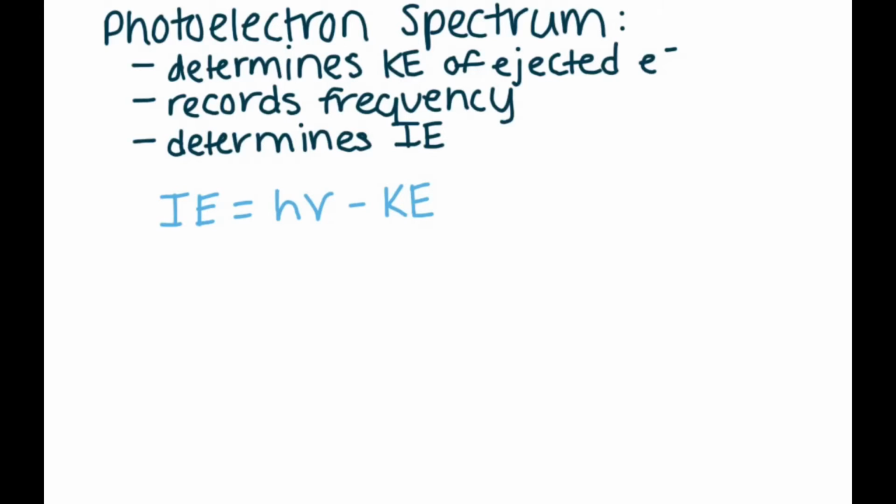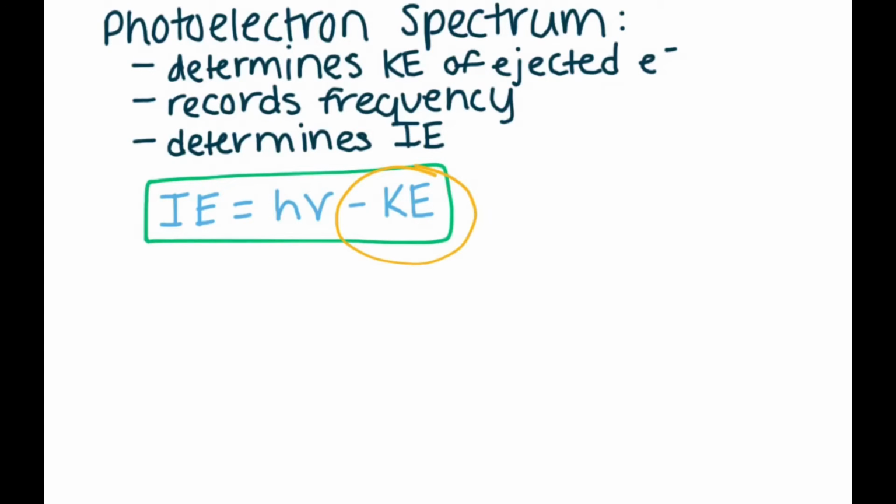And we can determine the ionization energy using this equation, or as with the other equations, we can manipulate it if we wanted to find the KE by adding KE to the other side and then subtracting IE to end up with KE equals hν minus IE. So depending on what you're given, you could use either.